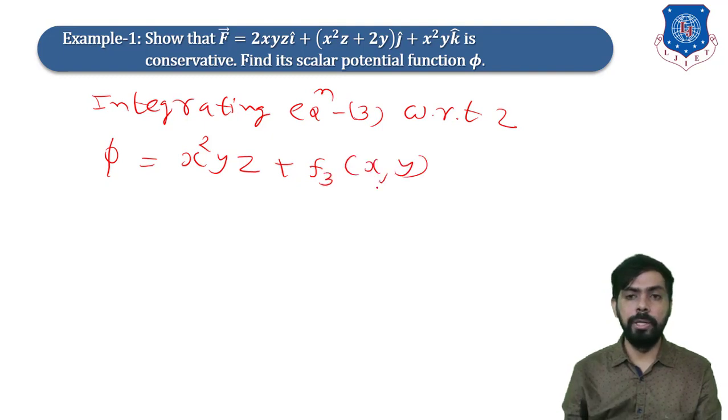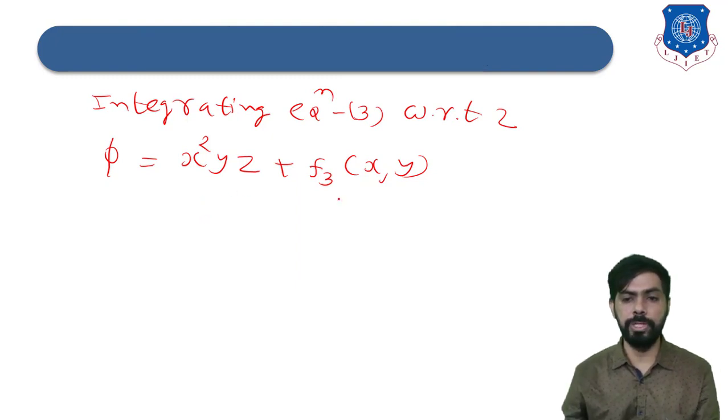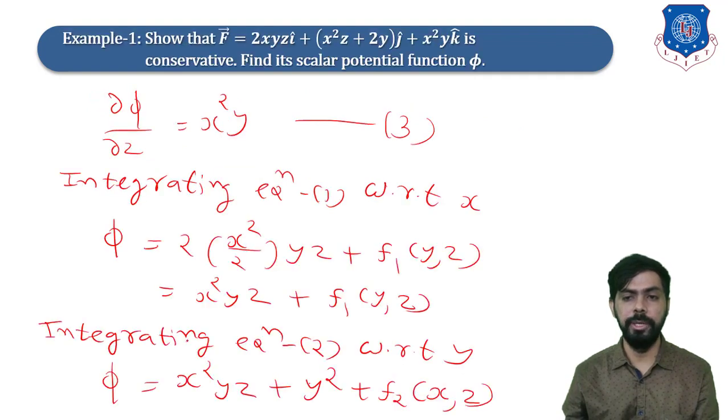Now as we have to find the scalar potential phi, here phi is equal to x square yz plus some function of xy, and here phi is equal to x square yz plus y square plus some function of xz, and here phi is equal to x square yz plus some function of yz.